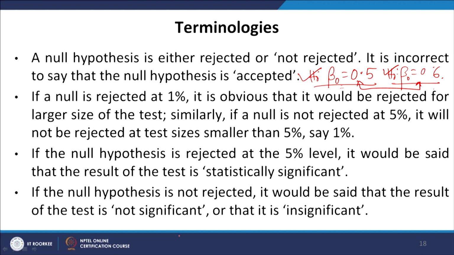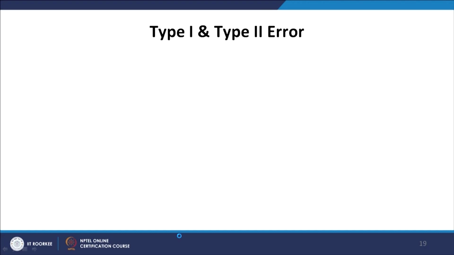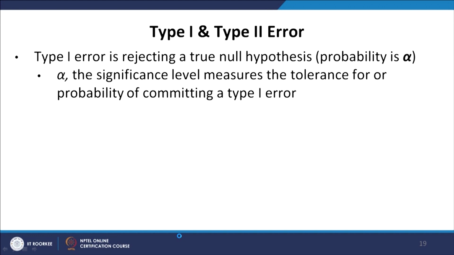If we do not reject a null hypothesis, we say that the result of the test is insignificant or not significant, and vice versa. Now, we talk about type 1 and type 2 errors. Type 1 error is rejecting a true null hypothesis, probability is alpha. So, the type 1 error is the probability of rejecting a correct null hypothesis.